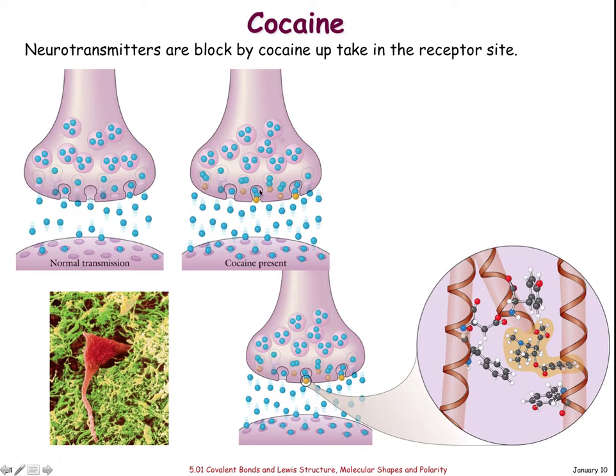The neurotransmitter doesn't have time to go back down, and so they just have a very strong sense of what's going on. Cocaine fits nicely along these receptor sites, and then clogs these neurotransmitters from going back down. Again, it's the shape of cocaine that does this.